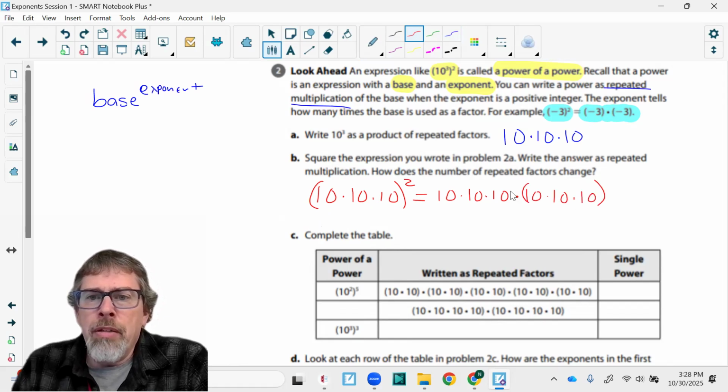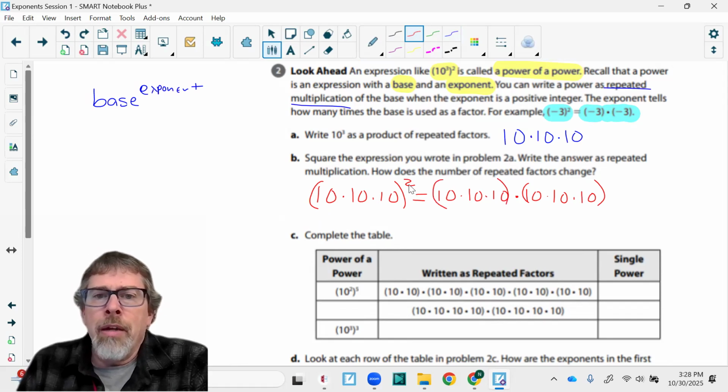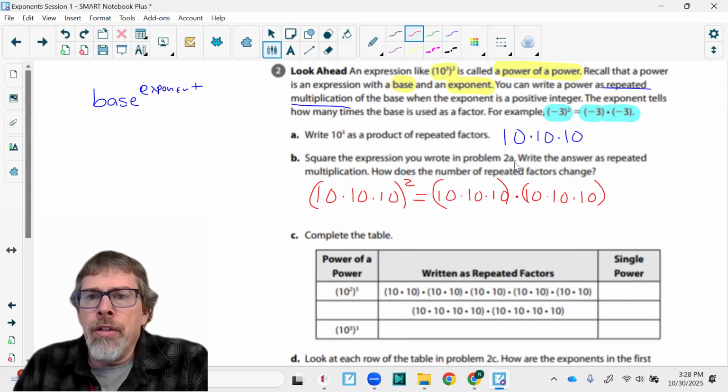And I could put parentheses around these just to show that it's two groups of 3 that we're multiplying. Write the answer as repeated multiplication. So there it is. How does the number of repeated factors change? Well, it was 3.